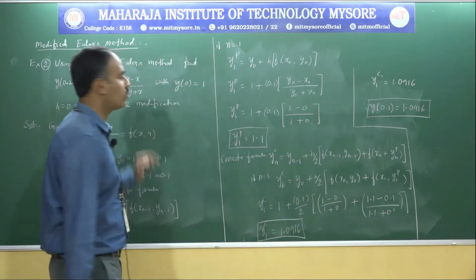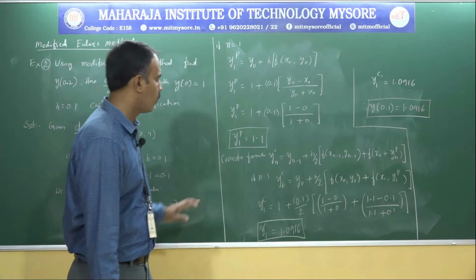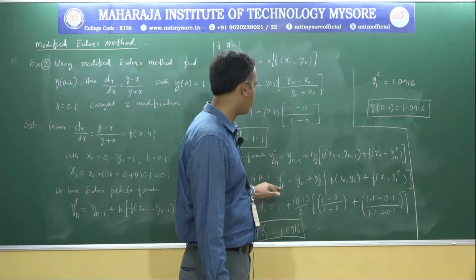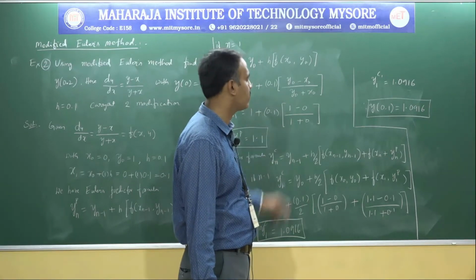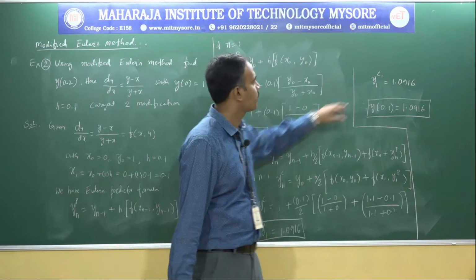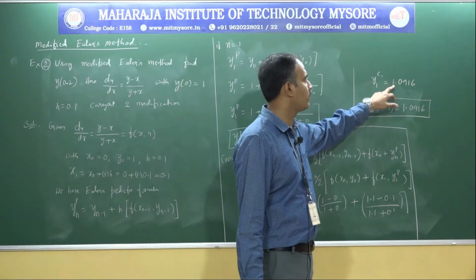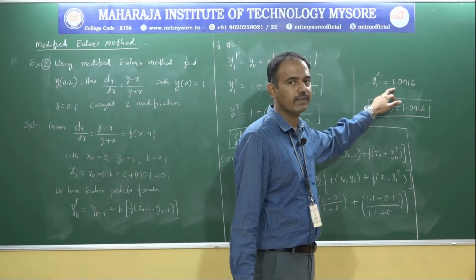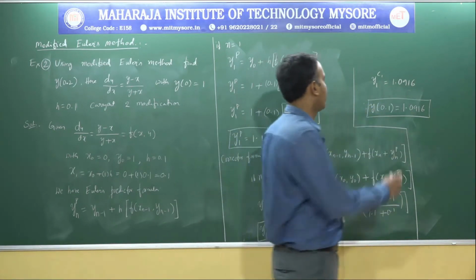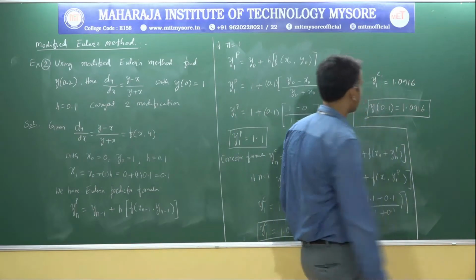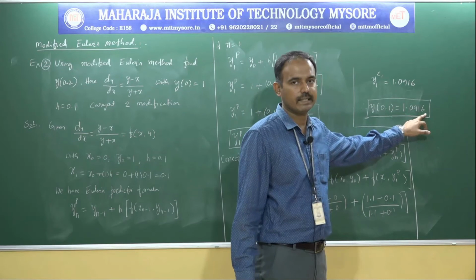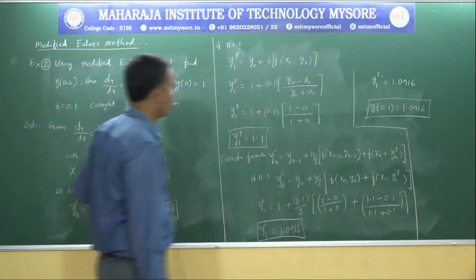In the question, we must carry out two modifications, so one more time we apply the corrector formula. We replace with y1c, and we get y1c1. Using a calculator, after simplifying, 1.0916. Finally, the answer for y of 0.1 is 1.0916. That was the second example.